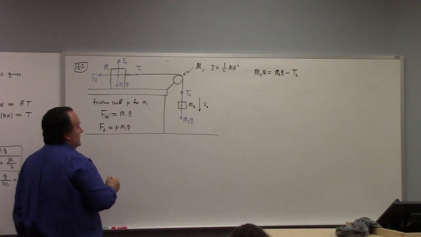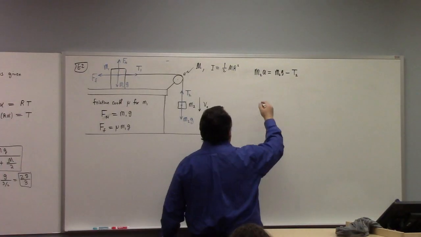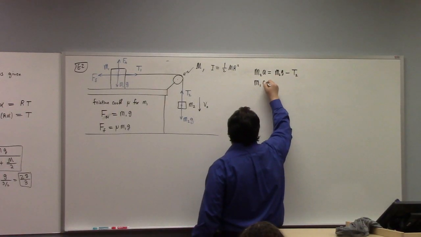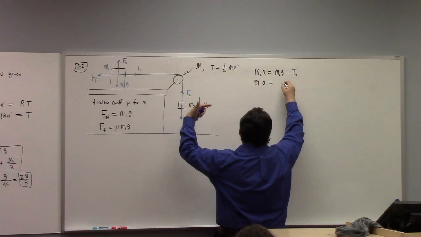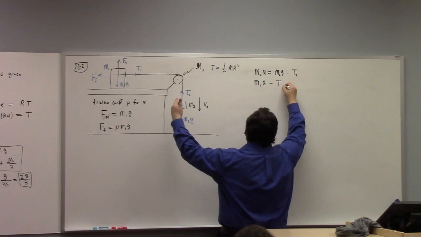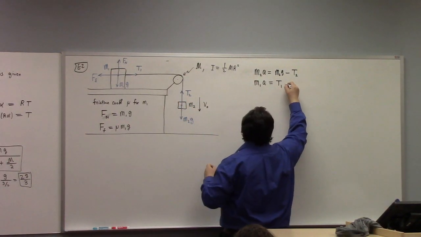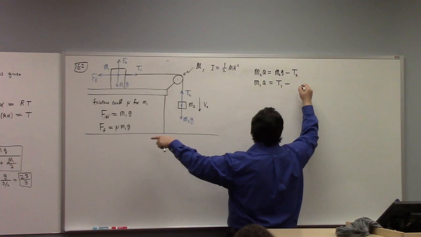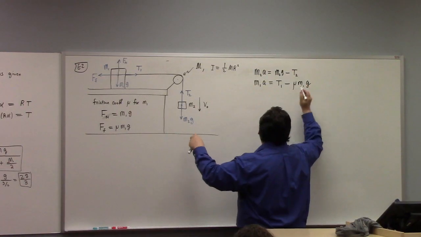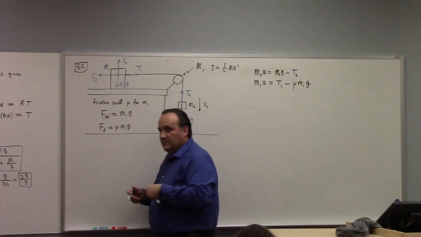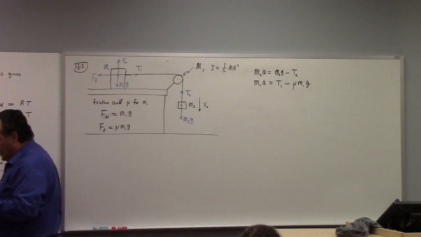Well, that's nice. So then we have M1A is equal to what? Well, this time the tension goes in the positive sense. So I put T1, all right, minus the force of friction, which in this case is mu M1G. All right, so we did Newton's second law on the first mass, the second mass.